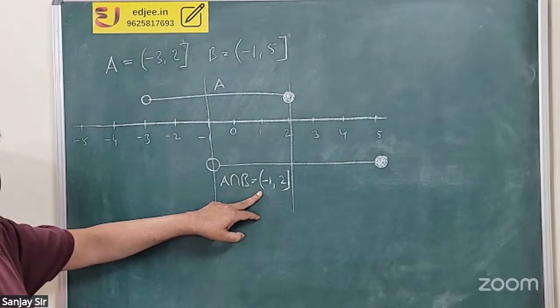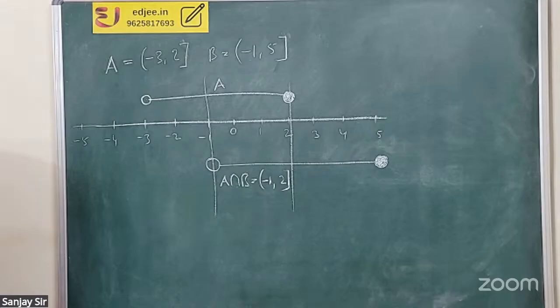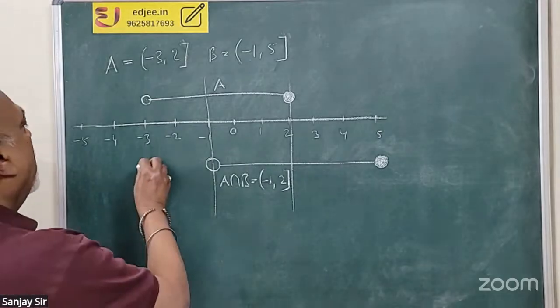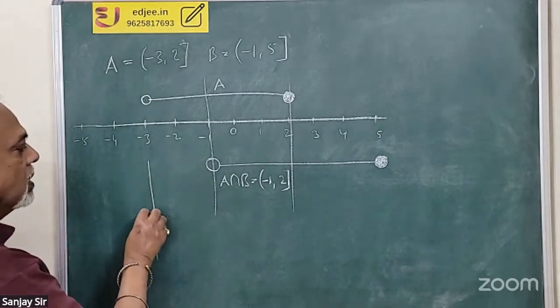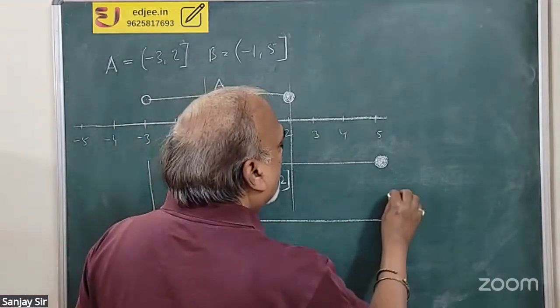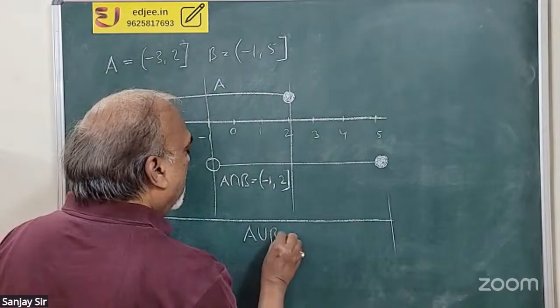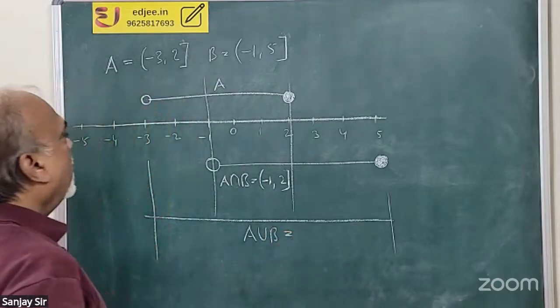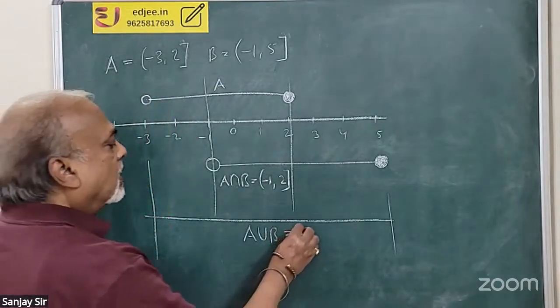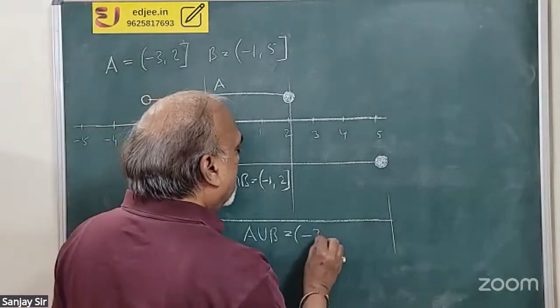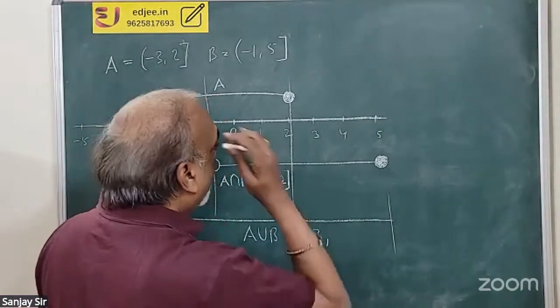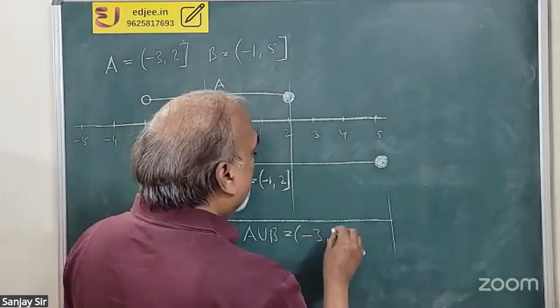Correct? What about A union B? A union B will be like this. A union B, here it is -3 and then, of course, 5.